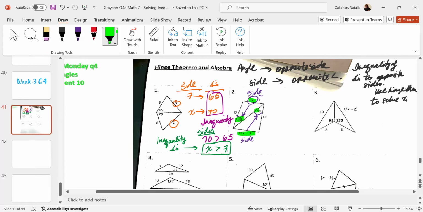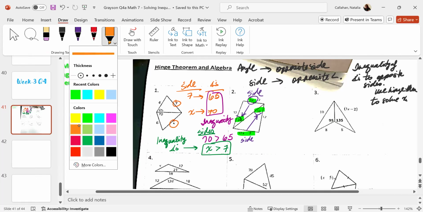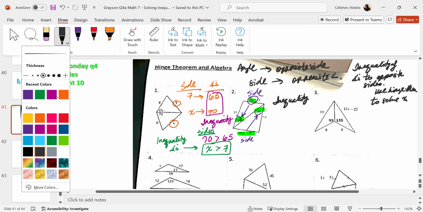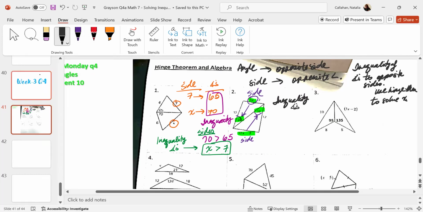If you have these 2 angles, you need to write an inequality about those 2 angles. How are you going to write your inequality about these two angles? Angles first, not the sides yet. That's your angle inequality, correct?